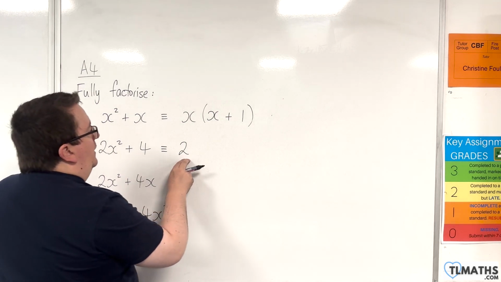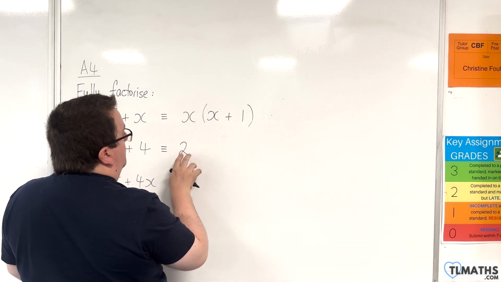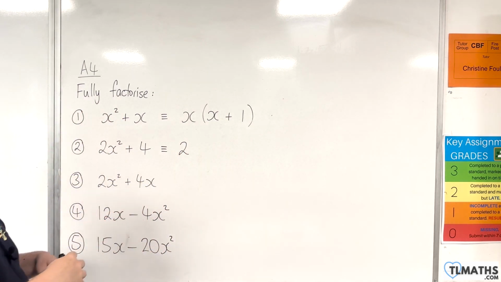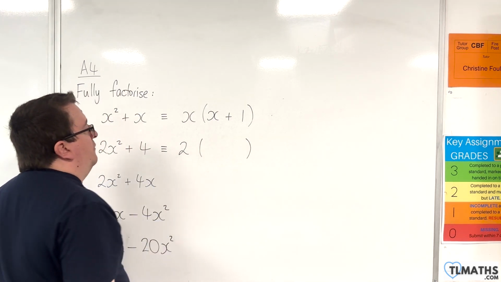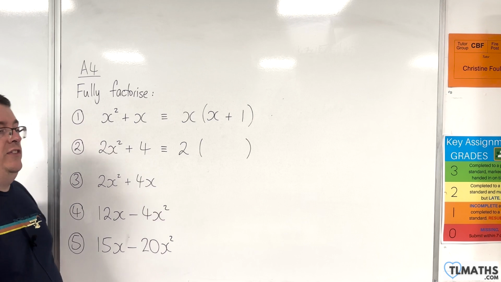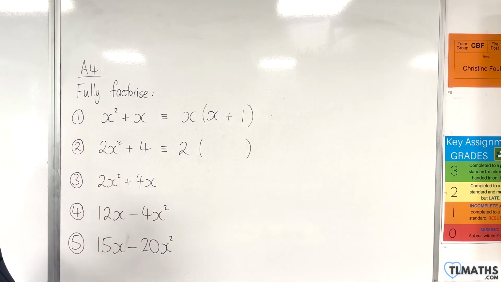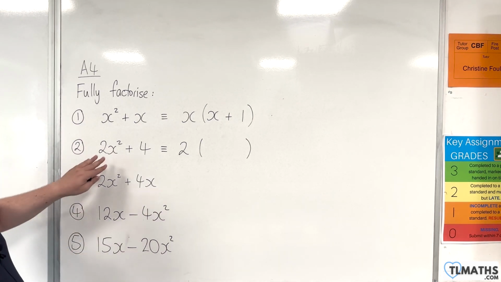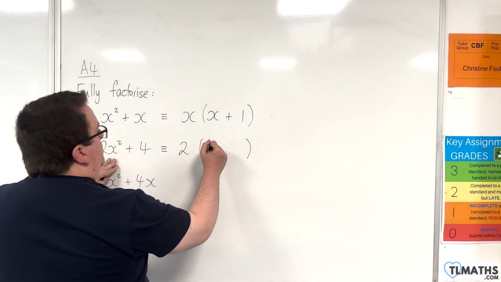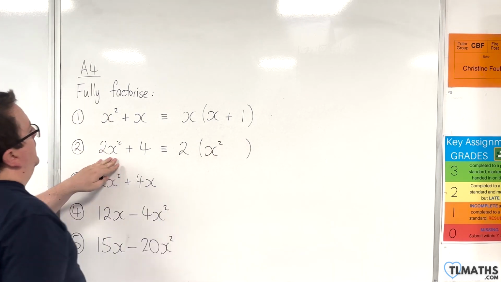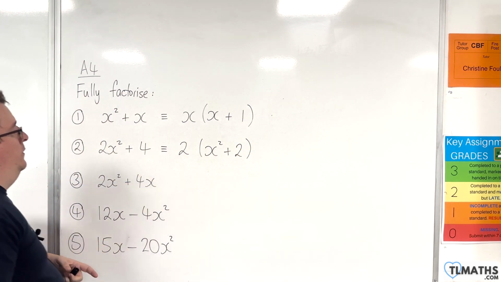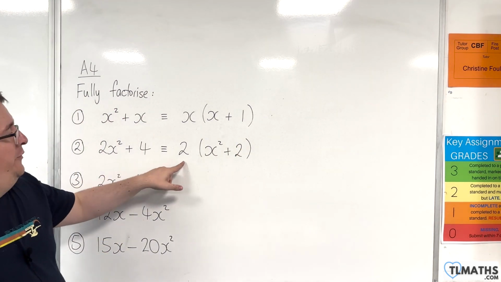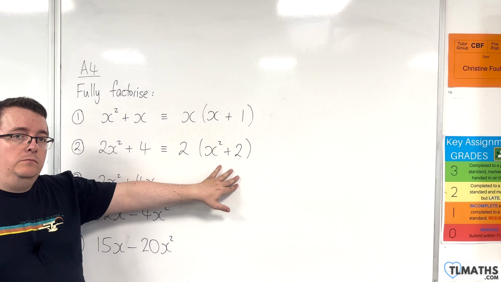So 2 is the only expression, shall we say, that I can bring out of that bracket. It's the only factor that is of both terms. So 2x squared divided by 2 is x squared, and 4 divided by 2 is 2. So this factorises to 2 times (x squared plus 2).